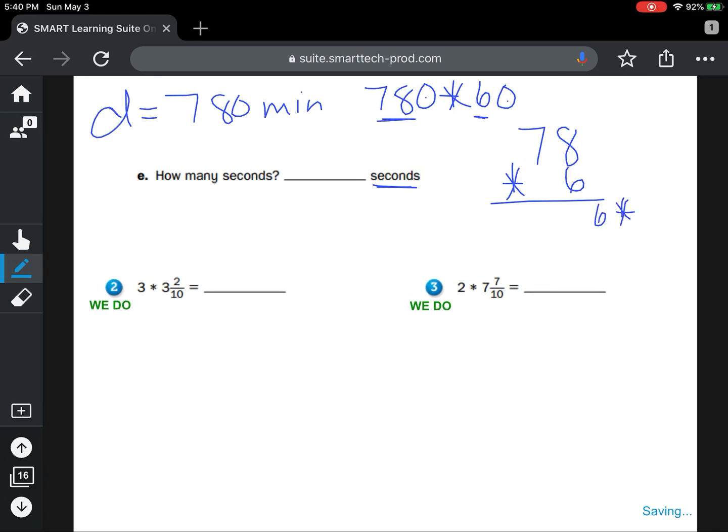First multiply my 6 times my 7, which is really worth 70. 6 times 7 is 42, and then add on the 0. Then we can multiply our 6 times our 8. 6 times 8 equals 48. Then add those up.